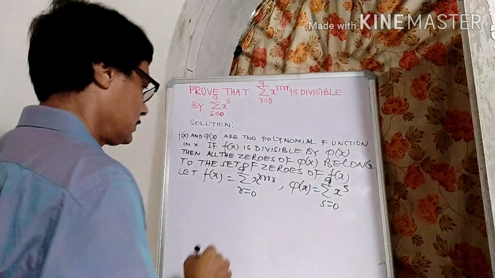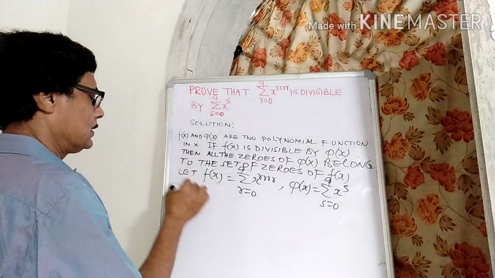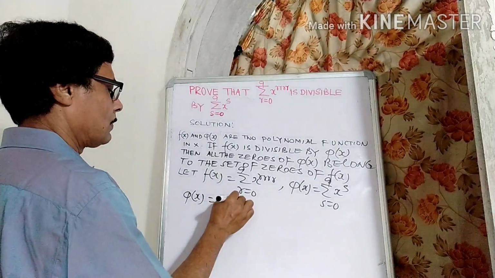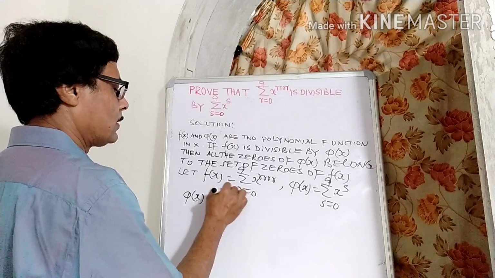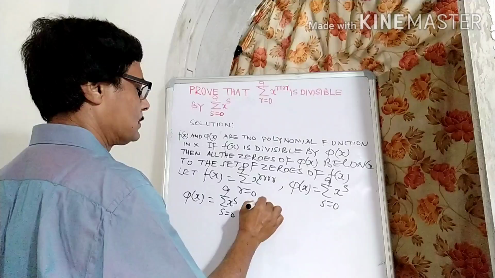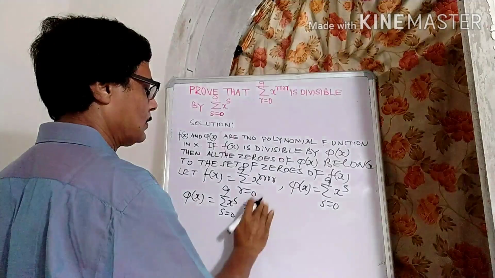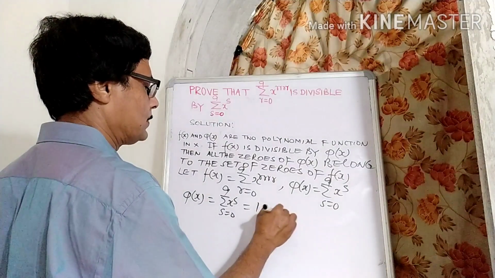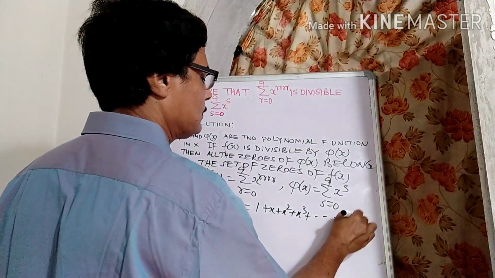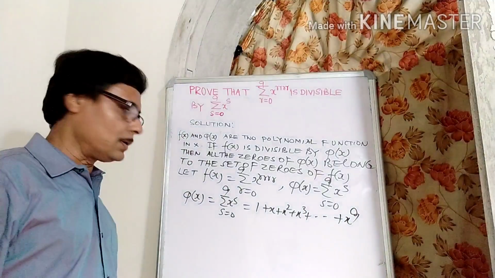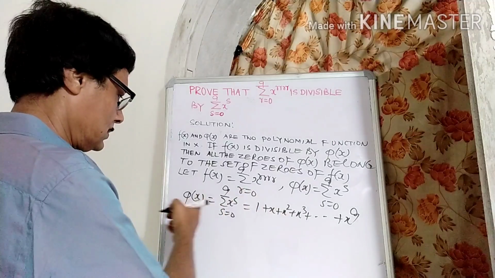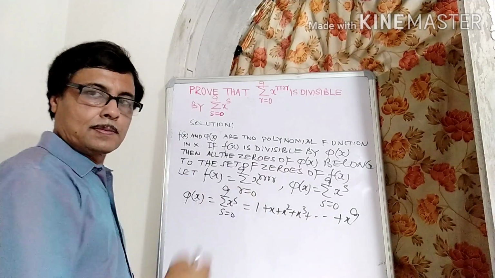Now phi(x) equal to 1 plus x plus x square plus x cube plus dot dot x to the power 9. This is the polynomial for phi(x).